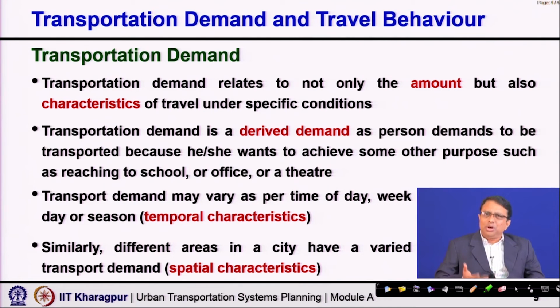When we talk about demand, there is a time dimension and a locational dimension, what we call temporal and spatial characteristics. So, remember the temporal characteristics, remember the spatial characteristics, remember that it is a derived demand, and all these are important when we are trying to address the issues related to transport and handle this imbalance between demand and supply of transport.